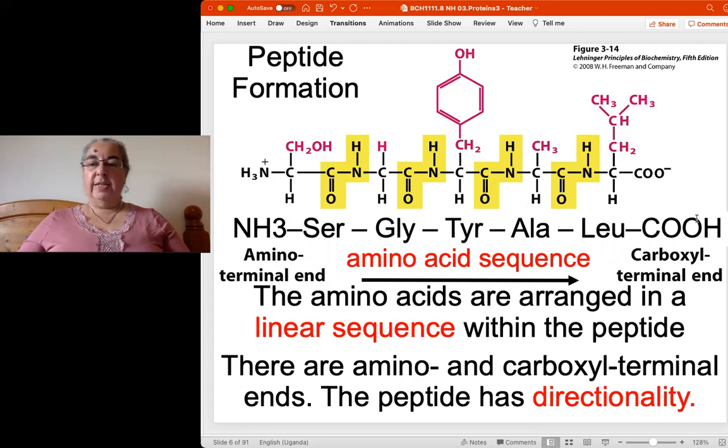And at the other end, we have a carboxyl terminal end, or a C-terminal end, taking from the C of the carboxyl group. So a linear sequence of amino acids read from the N-terminal end to the C-terminal end. So a direction in the direction of amino acids.